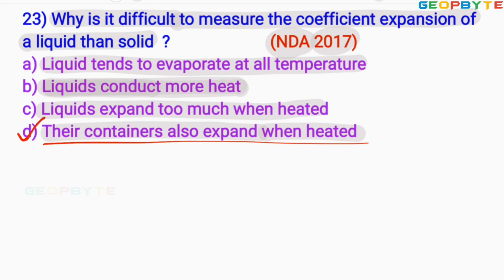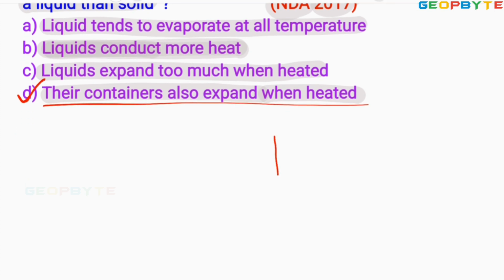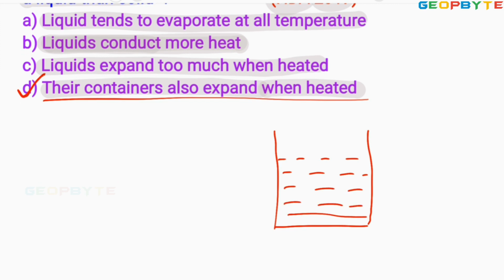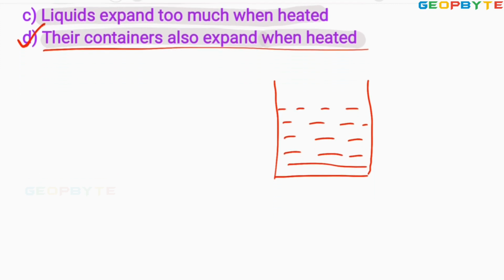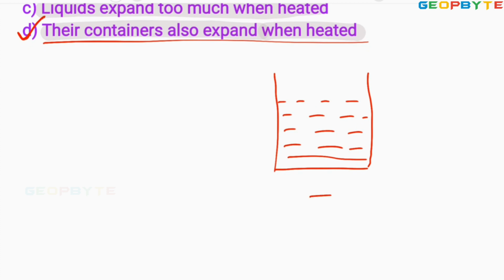I hope you clearly got my point. Let me explain once again. Let us take the container for placing the water. So when you keep this on the burner, the burner is giving the heat energy to the container.